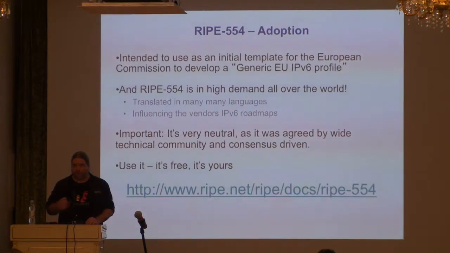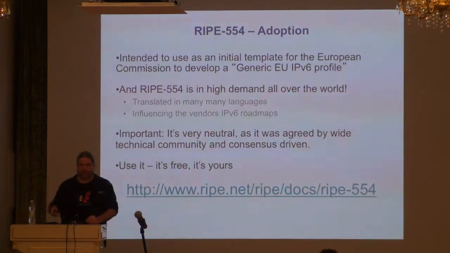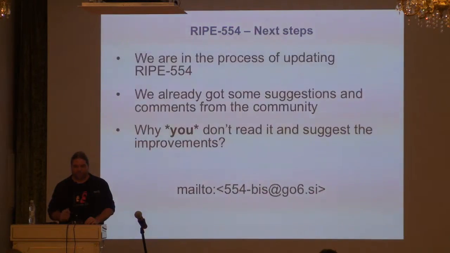Again, it's very neutral. It was agreed by the wide technical community, and it was a consensus-driven, purely bottom-up process. Use it, it's free, it's yours. And here is the link, but I'm sure if you put RIPE 554 in Google, it will lead you there.